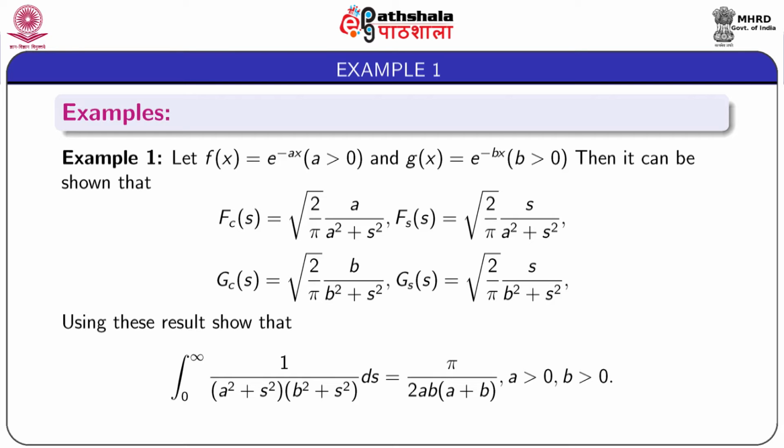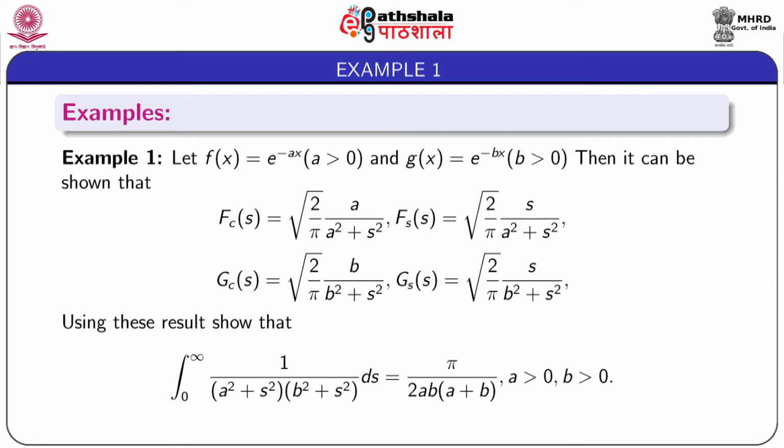We know the formula, and that gives capital F_c(s) equal to root over 2 by pi into a by a square plus s square, and capital F_s(s) is equal to root over 2 by pi into s by a square plus s square, and similarly capital G_c(s) is root over 2 by pi into b by b square plus s square and capital G_s(s) equal to root over 2 by pi into s by b square plus s square.